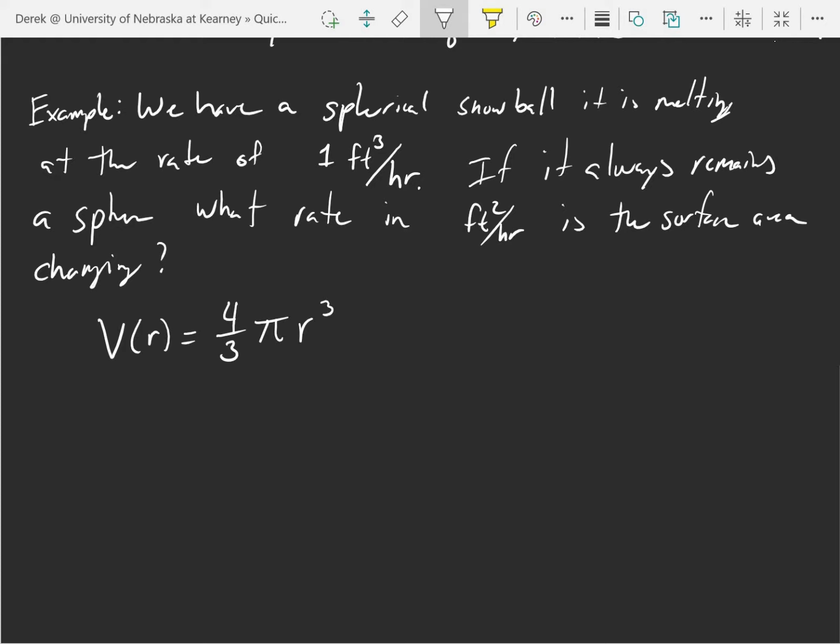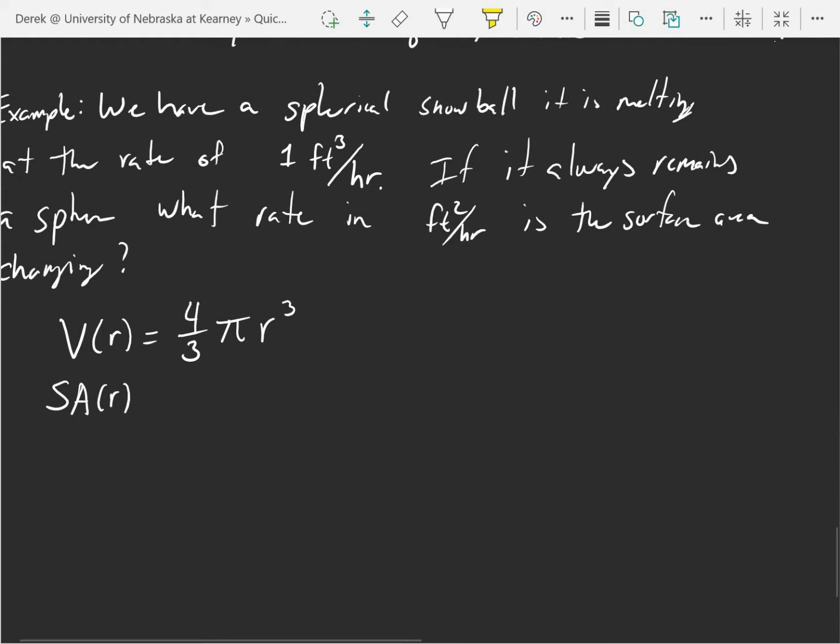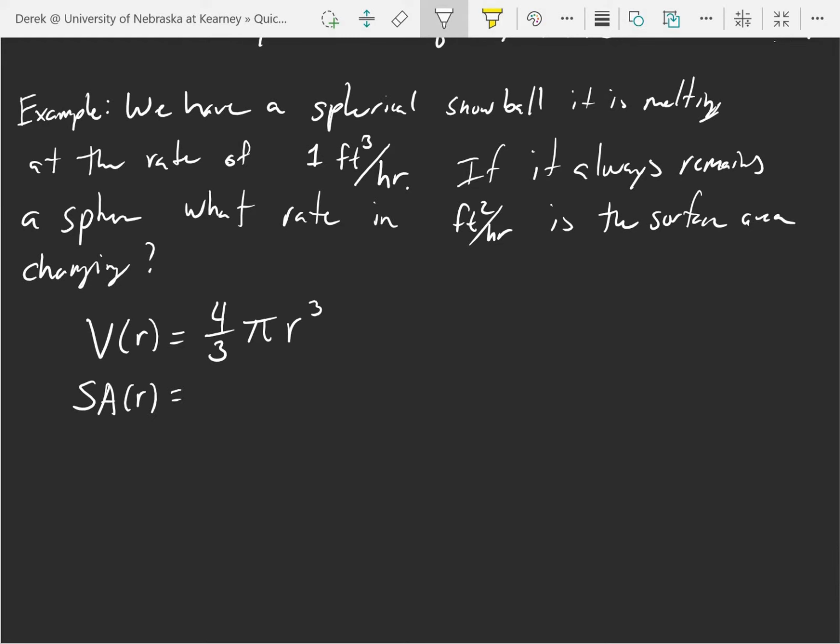And you also might recall that the surface area as a function of r is equal to 4 pi r squared. Neither of these has a relationship with hours built into it. These are physical constraints, dimensional equations. They relate a length to a volume and a length to a surface area, but we have to include time somehow.